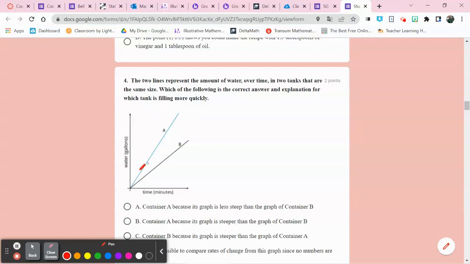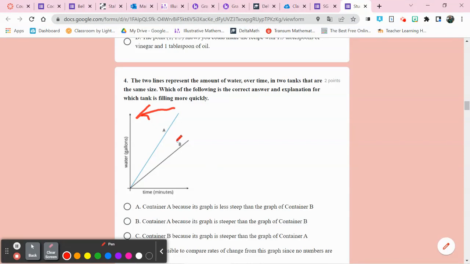You've got tank A and tank B. So what you do is you look for the line that's the steepest. And by steepest, I mean the most up towards the Y line. The one that's closest to being straight up and down, because what that means is its constant is a higher number and it's moving faster. So the closer the line is to the Y line, the faster it is. The closer it is to the X line, the slower it is in this situation. So this means tank A is filling faster.